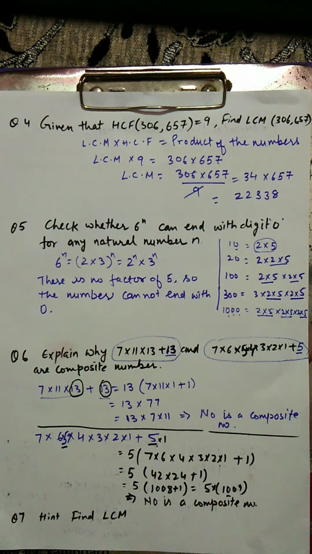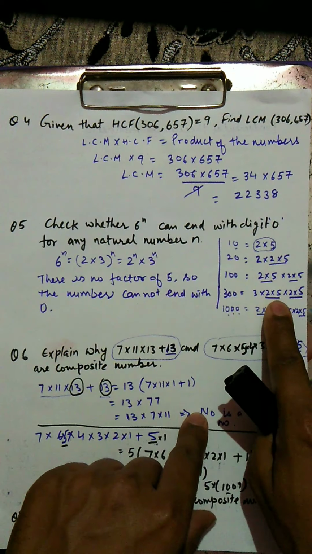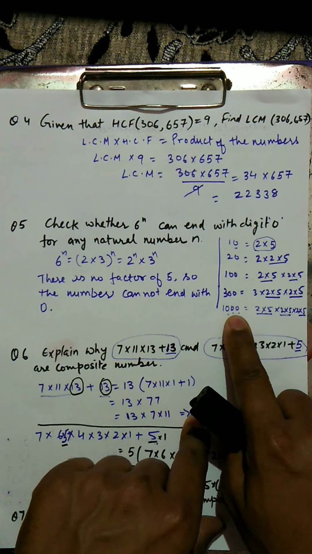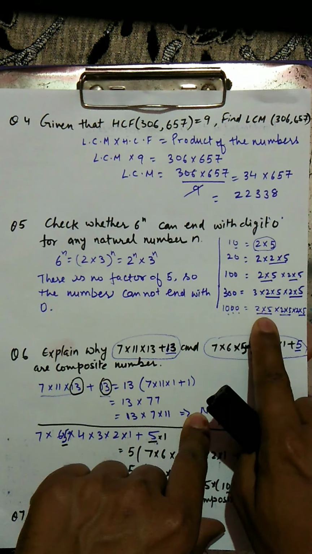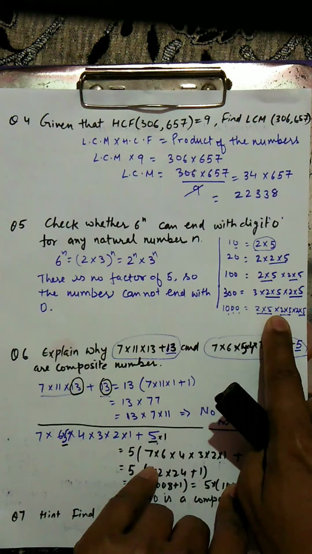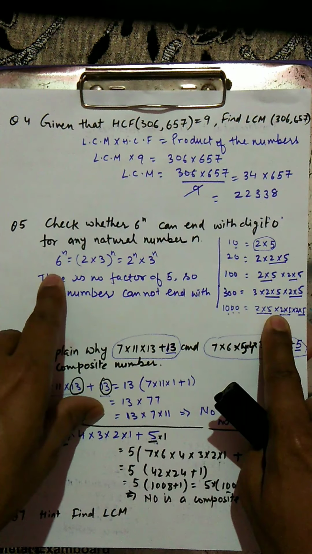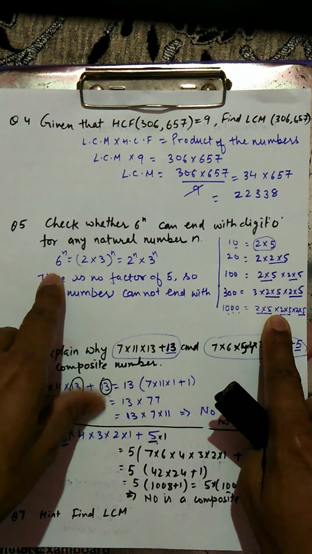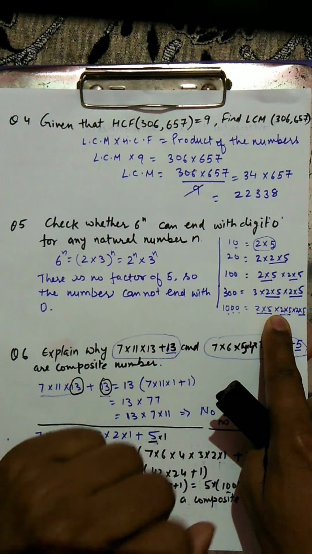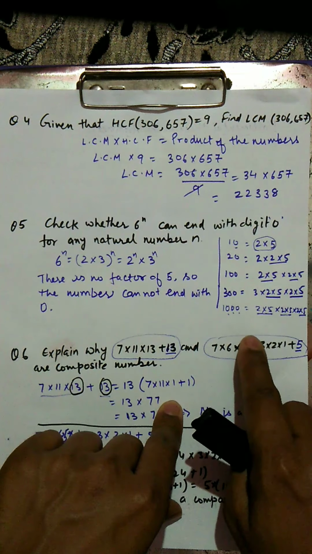Now you can see this important result. If there are 2 zeros at the end, then we'll get 2 pairs of 2 and 5. There are 3 zeros in 1000, so there are 3 pairs of 2 and 5. It clearly makes us understand that if in any number there are, suppose, 2 zeros, then the prime factorization will have two pairs of 2 and 5.